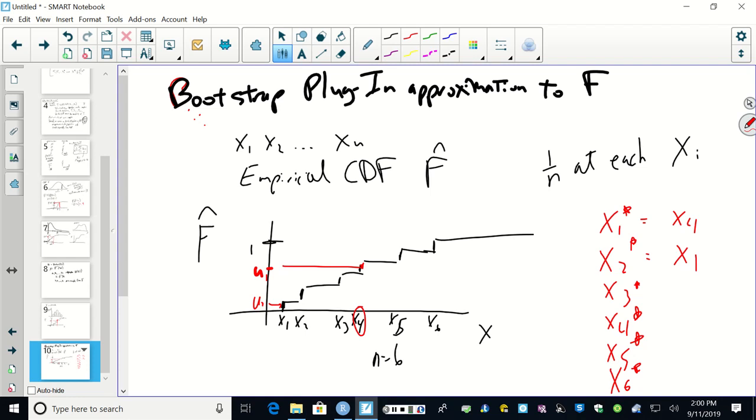Because of the equal probabilities, it's equivalent to just randomly picking from our x1, x2 to x6 with replacement 6 times. So randomly sampling from our original data with replacement is implementing sampling from this empirical distribution function.